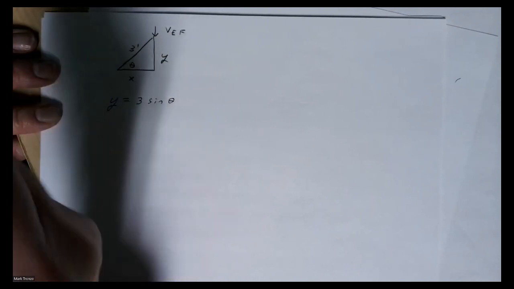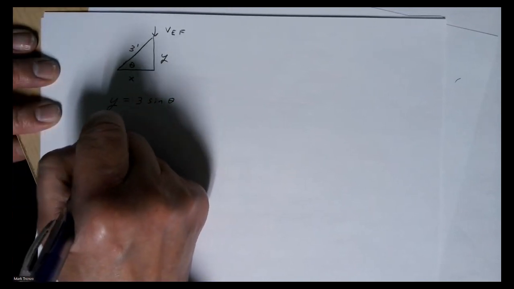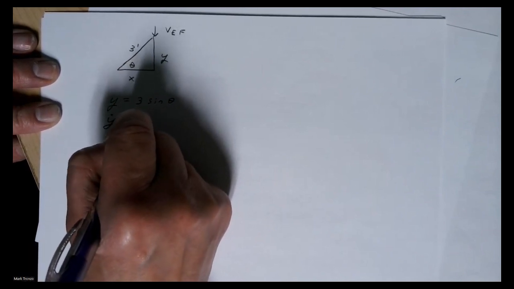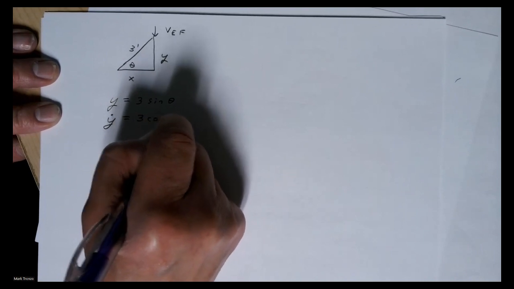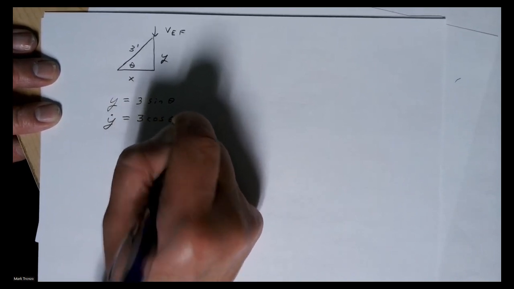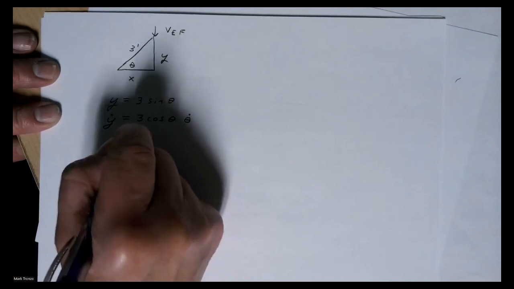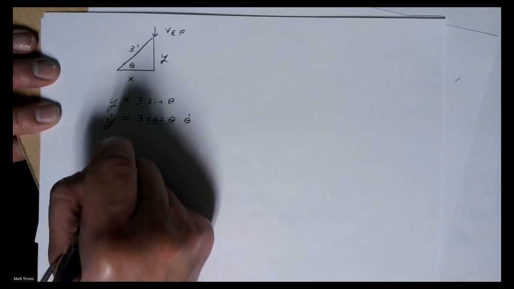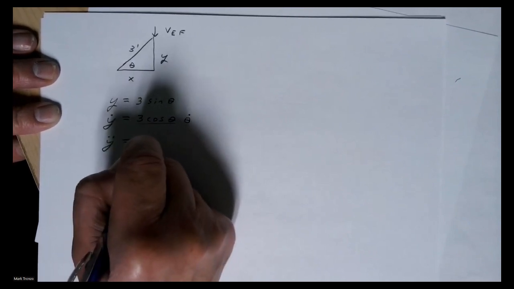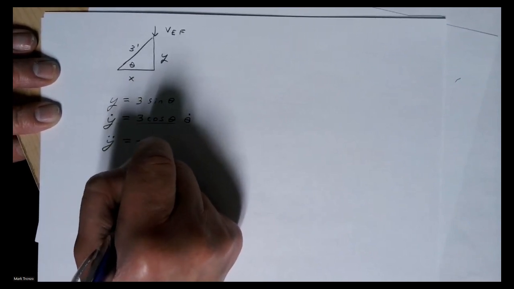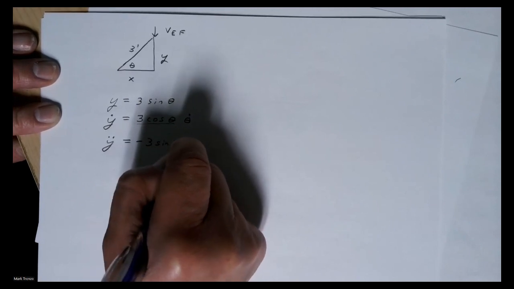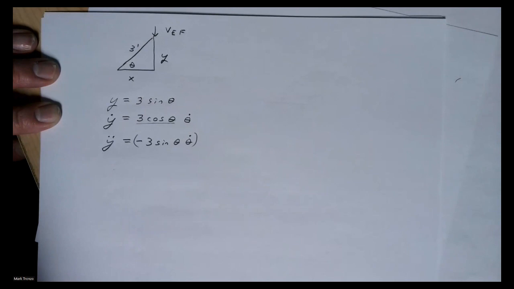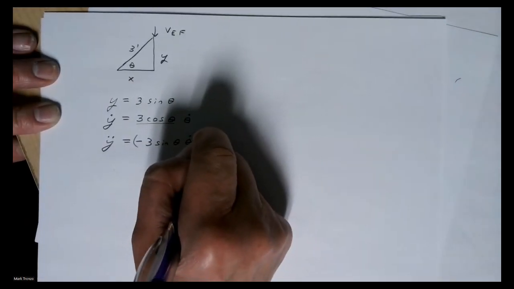Once again, take derivatives implicitly. So this is going to be 3 cos theta. Since it's an implicit derivative, we'll do that. Now take the derivative of the first, like this, times the second.